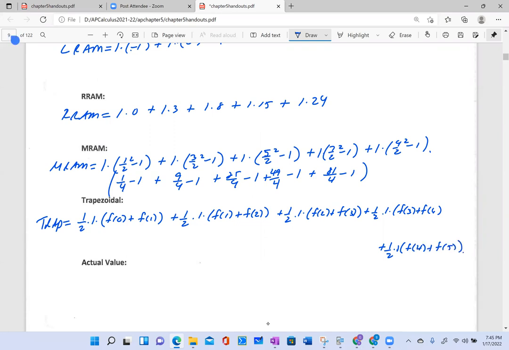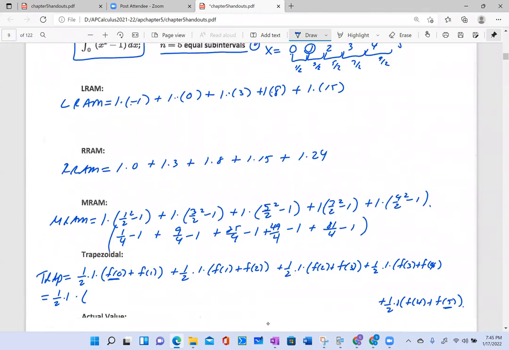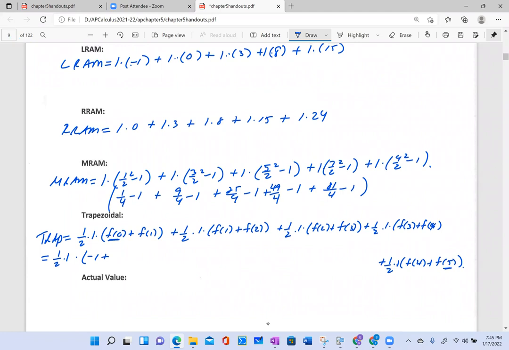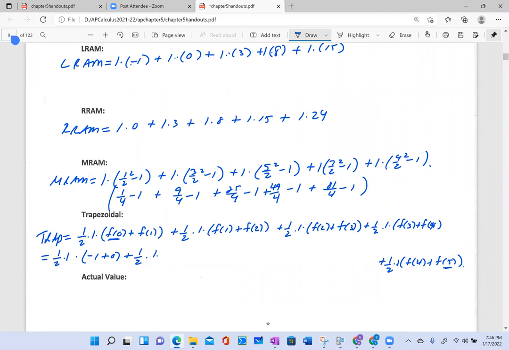And you can see from the pattern again, we're only going to have one y evaluated at 0, one y evaluated at 5, but we'll have two f at 1s, two f at 2s, two f at 3s, and two f at 4s. And then we're just going to substitute those in. f at 0: 0 squared minus 1 is negative 1, and f at 1: 1 squared minus 1 is 0.